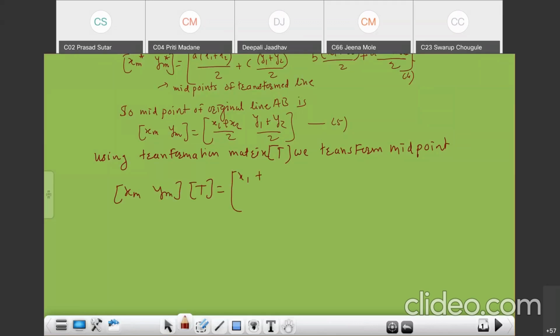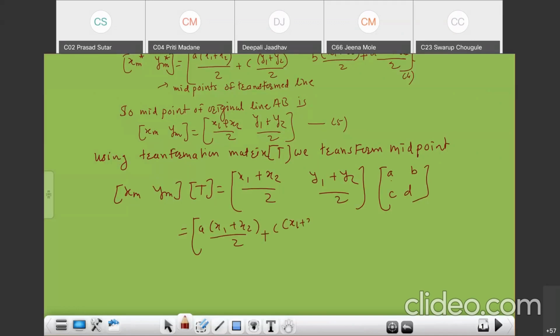x1 plus x2 divided by 2 and y1 plus y2 divided by 2, multiplied with the transformation matrix A, B, C, D. So multiply this row with the first column A and C. So it is A of x1 plus x2 divided by 2, and then C of y1 plus y2 divided by 2.